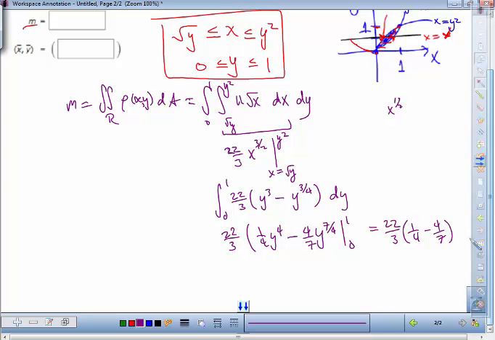Oh boy. Negative 9 over 28. And then the 3's would cancel, 2 would cancel, 33 over 14.